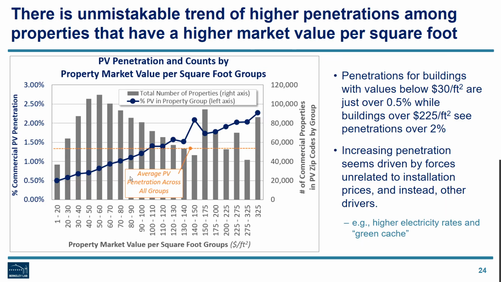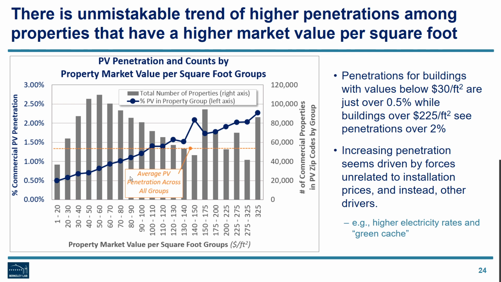We also see a relationship between PV penetration and the market value for the property. As the property value increases, so too does the penetration. Those penetrations range from around 0.5% at $30 per square foot up to around 2% for properties at $225 per square foot.